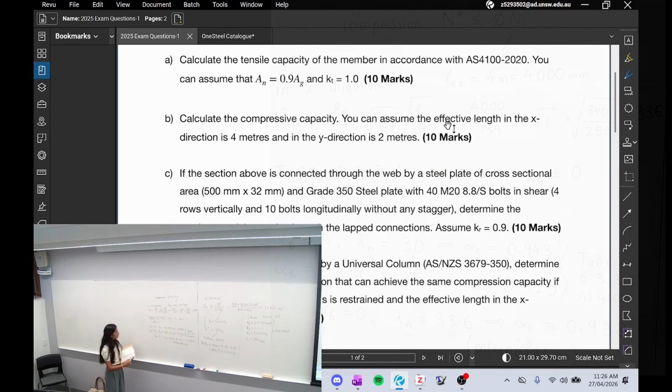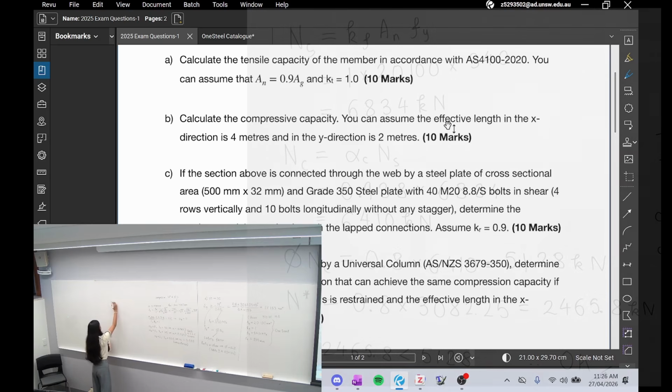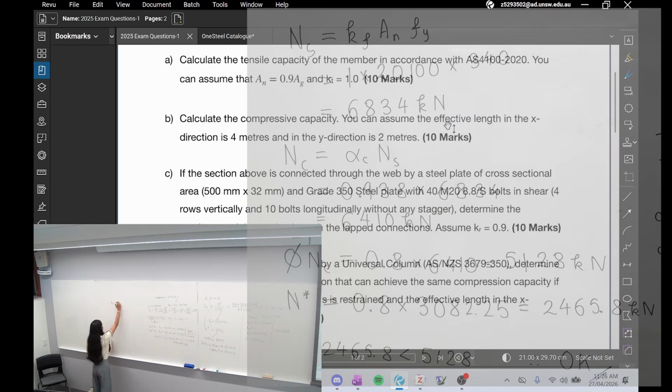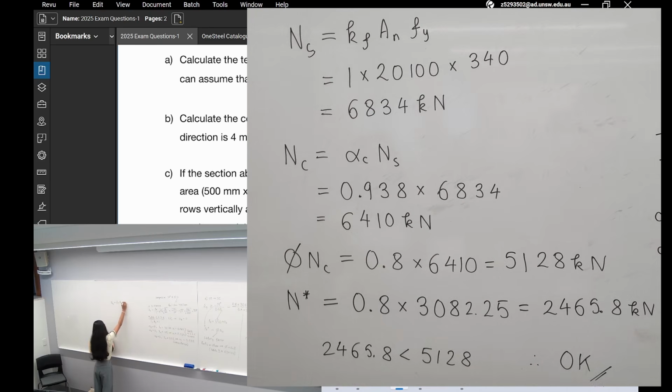Okay. Let's go back and find NC. So, sorry, NS. The formula for NS, same as before, is kf An Fy. We have all of these things, and we can continue to use the assumption that An is approximately equal to Ag.